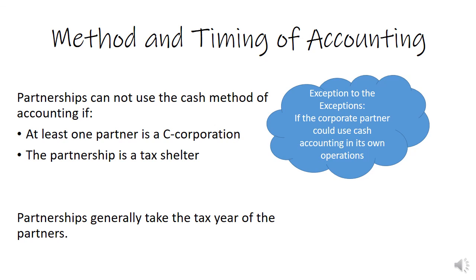If the corporate partner could use cash accounting in its own operations, then the partnership can also use cash accounting. Partnerships generally take the tax year of the partners. There's a complicated way to determine this. As long as you know that it comes down to when the partners have their tax year, you'll be fine.